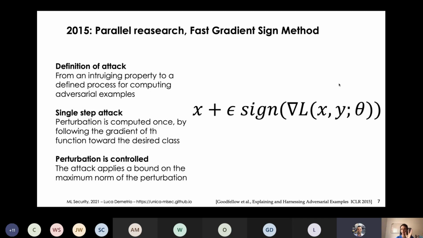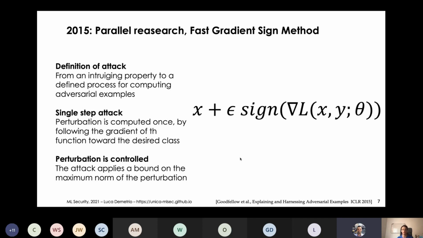I don't want to go iteratively as we did for the gradient descent with the kernel density estimator, but I want to perform one step toward a goal and try to produce a misclassification. So this is just a single step attack, not iterative as we saw. And the perturbation, as you can see, is controlled by this parameter epsilon that is multiplied by the sign of the gradient. But where does this sign come from?